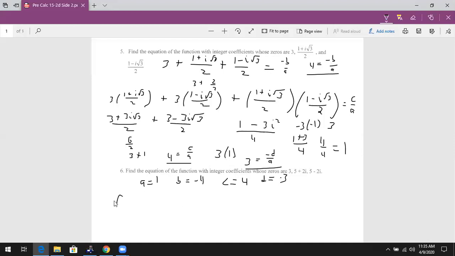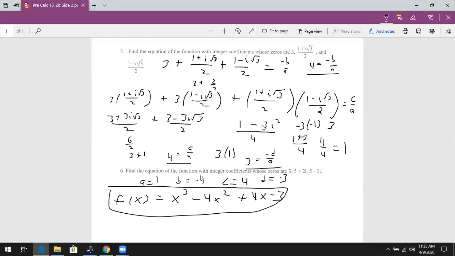I get f of x is a, which is 1, x cubed minus 4x squared plus 4x minus 3. And that function will have those 3 zeros.